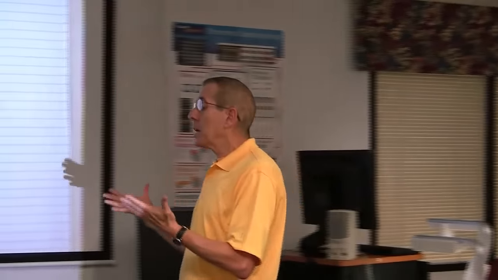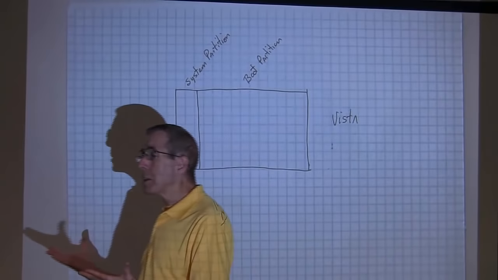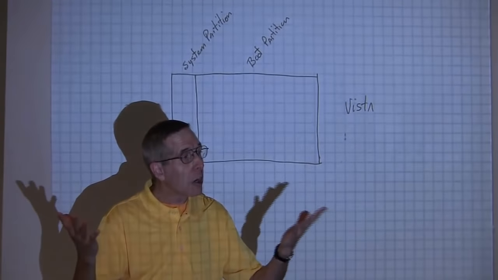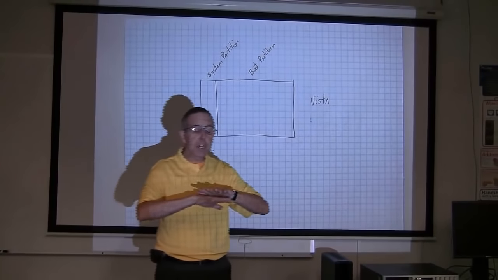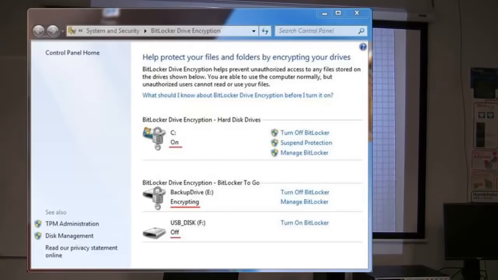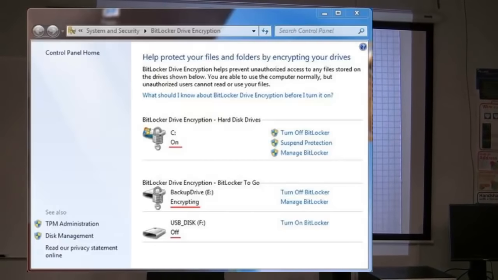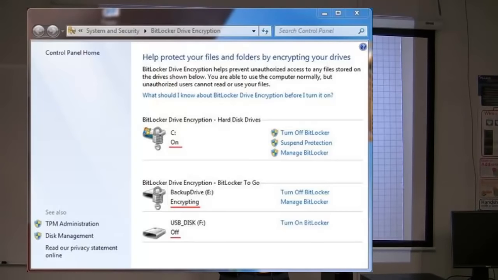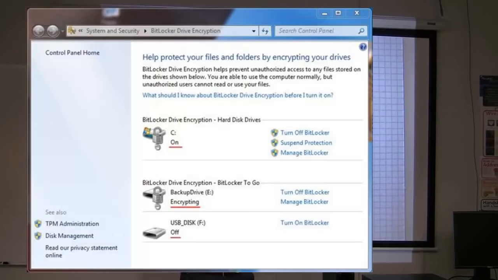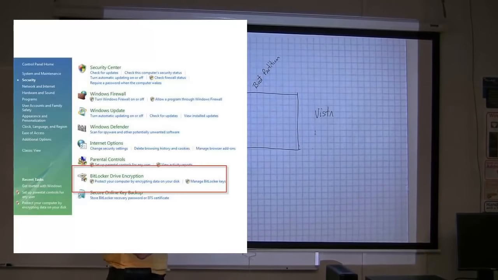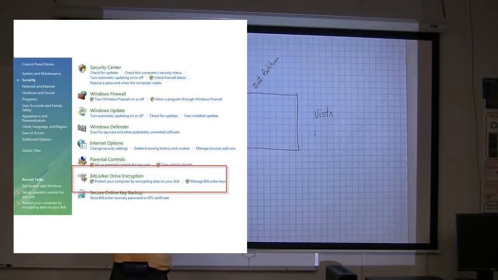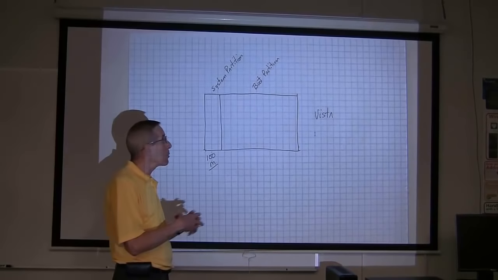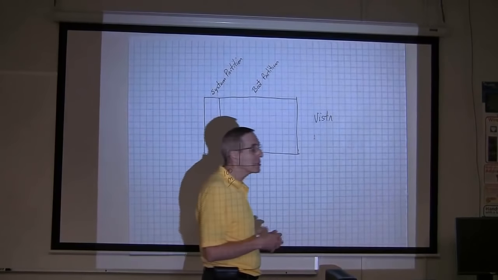Microsoft wanted to create 2 partitions because it was beginning to introduce some new technologies. One of them was total hard drive encryption, the ability to totally encrypt a hard drive, which was growing more and more important as people were stealing laptops at the airport, stealing laptops that are left in the taxi cab back seat, and there was all kinds of problems where data was being exposed to the wrong hands, and so there was a push from the customer that Microsoft build some technologies that would allow us to encrypt the entire hard drive.